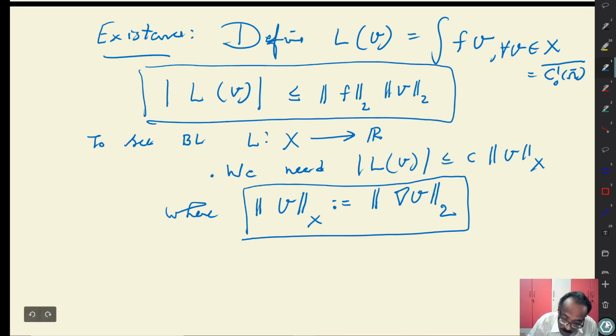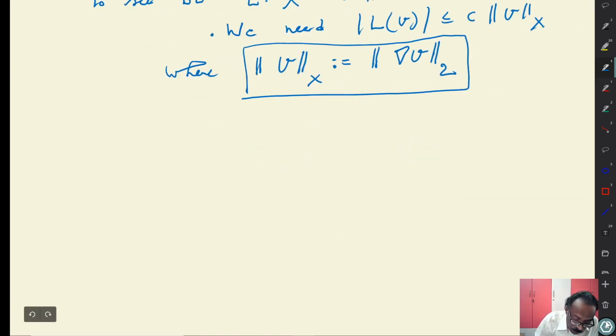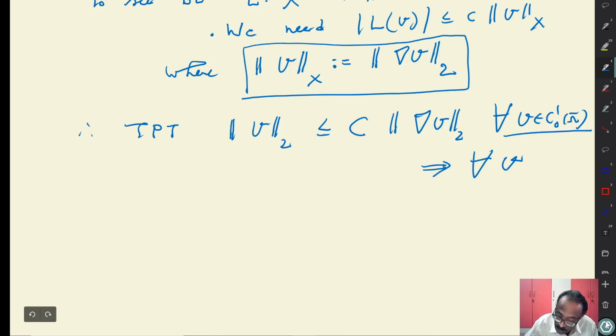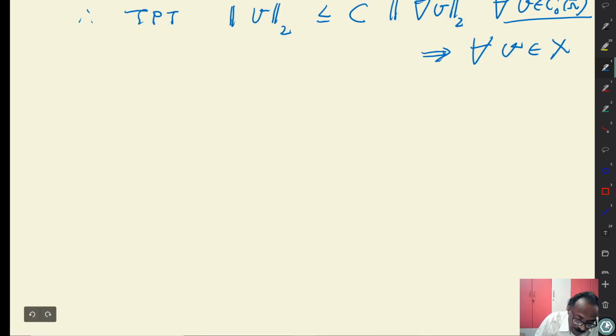Therefore, we need to prove that the norm of V in L2 is bounded by some constant times the norm of grad V in L2. You want to prove this for all V in C1 naught of omega bar, and it is enough to prove this, which will then imply it for all V in X, its completion. And this is provided by what is called the Poincare inequality.